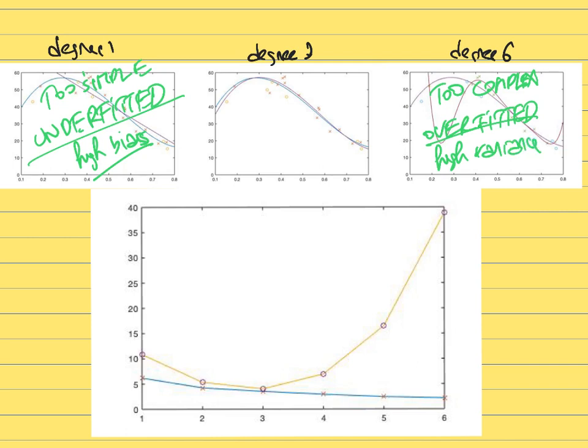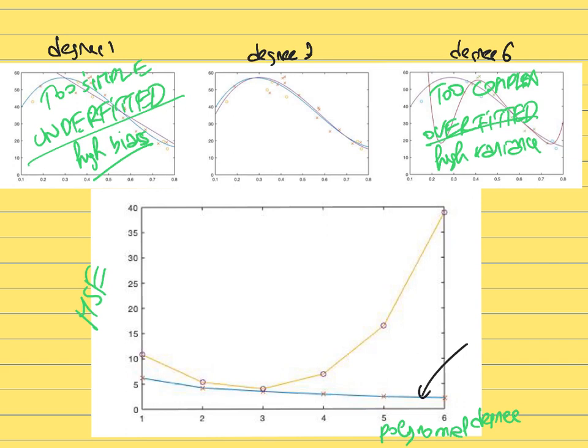One quick way that you can do is to plot the RMSE as a function of the degree of complexity. So in this case, the degree of complexity of the model is just the polynomial degree, the maximum polynomial degree that you are using in the model. So in this case, I'm plotting on the same plot the RMSE.